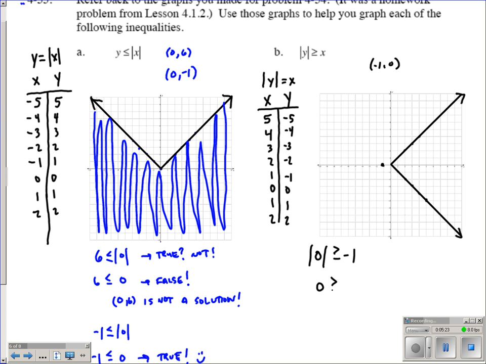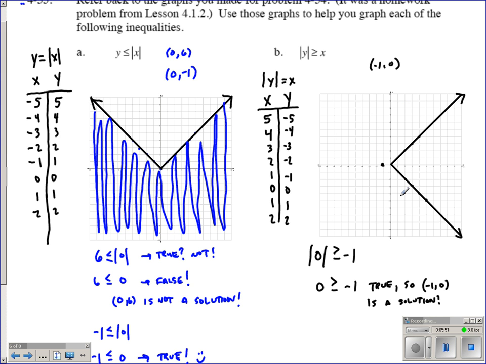Last time I checked, it's better to break even, have $0, than to owe somebody money, right? So this is true. So we know that (-1, 0) is a solution, or it does satisfy the inequality, which means all the points on this side would satisfy the inequality.